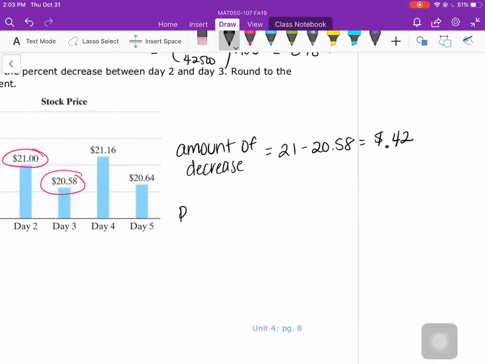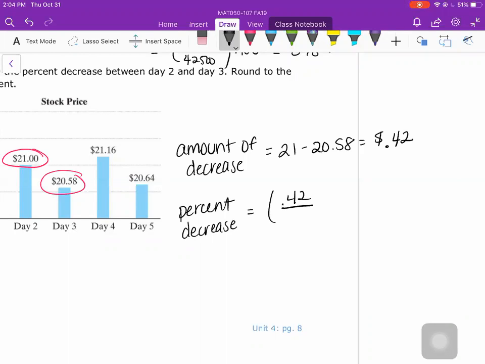So then the percent decrease equals that amount of change, 0.42, divided by the original. What was the original? Okay, so we've got day 2 and day 3. Which do you think is the original? Day 2.